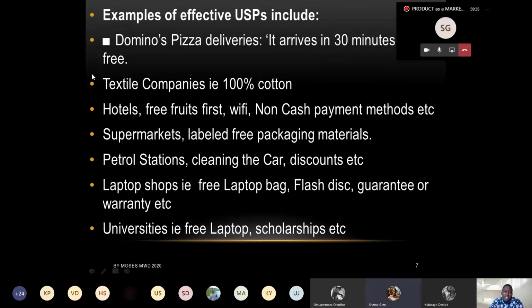But later I realized that if I had used my 5,000 to buy data at home, I wouldn't even have used the whole of it. So you end up even paying more using these USPs. You go there for the extra service, and of course I was with a friend, so you don't go to those places alone.